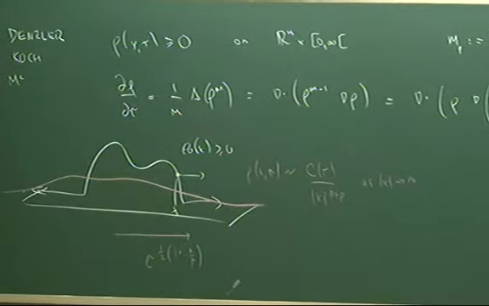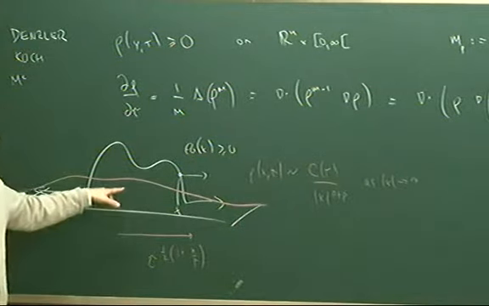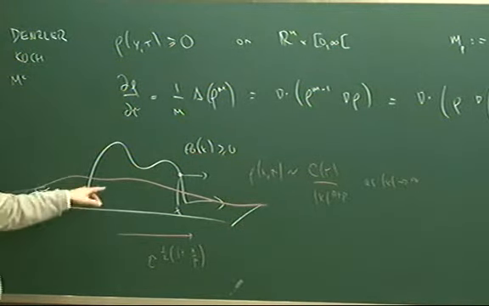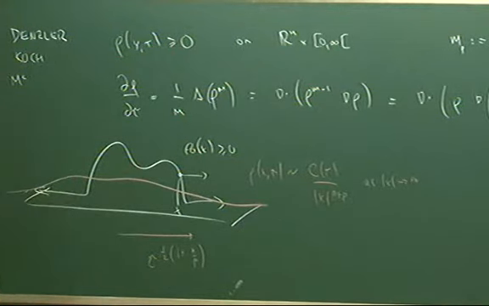And so much in the spirit of Joel's talk this morning, the idea is that when you have this kind of evolution, it sort of forgets the initial conditions and it evolves towards some self-similar solution. In the case of the heat equation, that would be the Gaussian heat kernel. And in the case of the nonlinear diffusion equation, it's some analog of that.